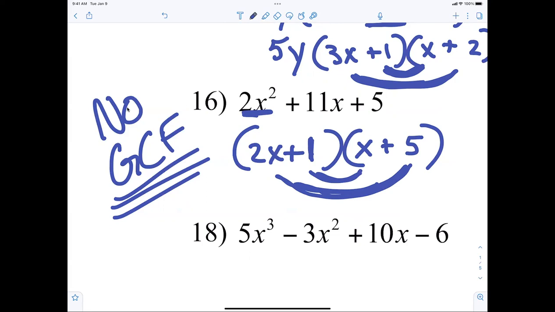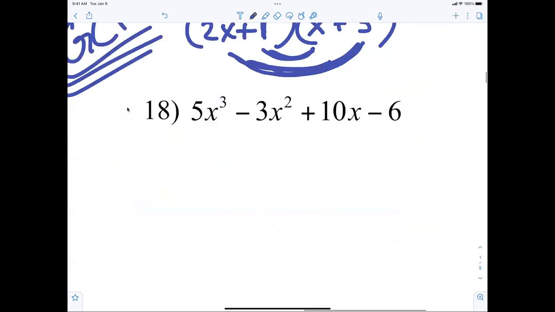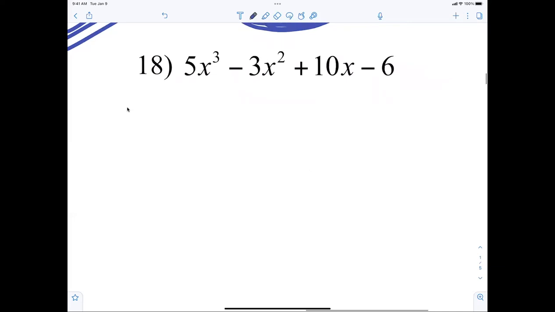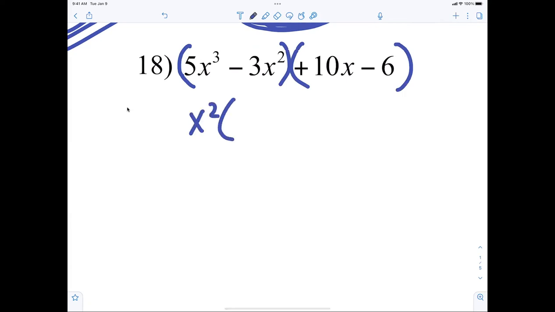All right, we're reviewing factoring by grouping. Here we go. There are 4 terms. That's how I knew we were going to factor by grouping. What's common? X squared. What's left behind? 5x minus 3. Yes.